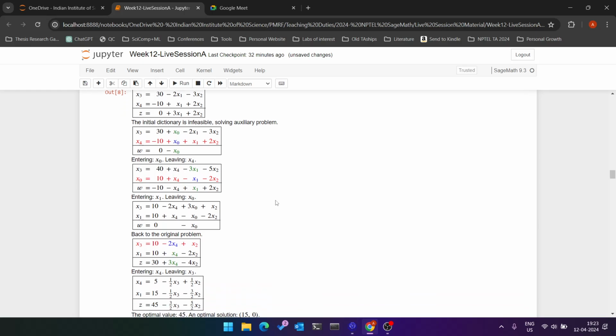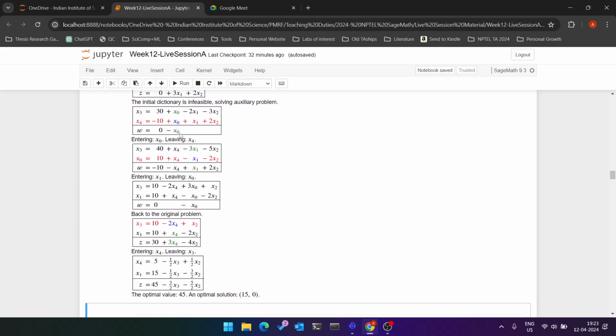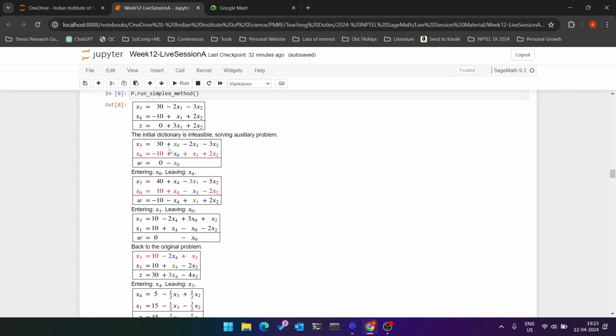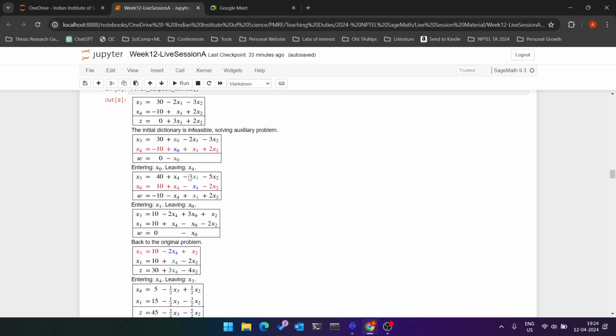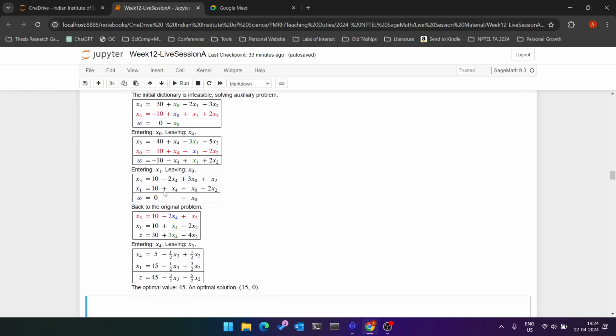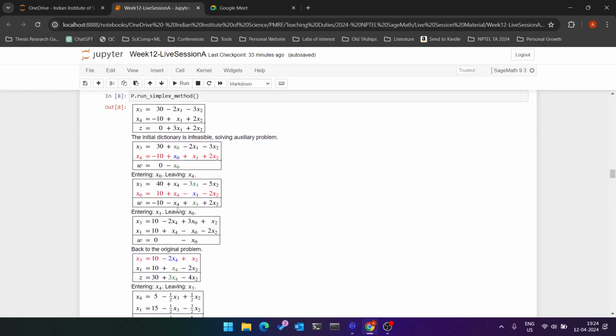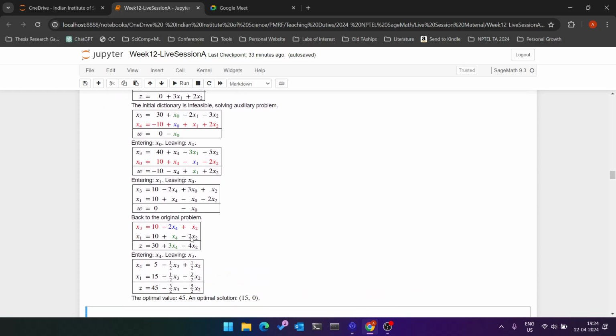Because the initial dictionary turns out to be infeasible, we add this x0 to solve the auxiliary problem, and then I write down my cost function as minus of x0. I use x0 to enter and x4 to exit. Similarly, I then enter through x1, leave through x0, and that gets me back to my original problem, which looks like this.